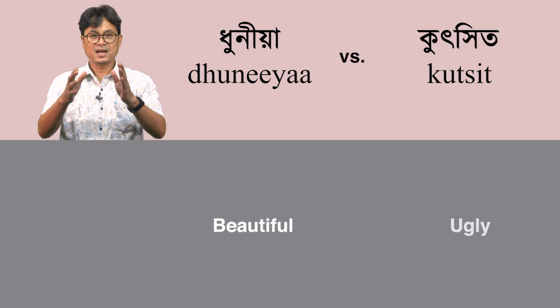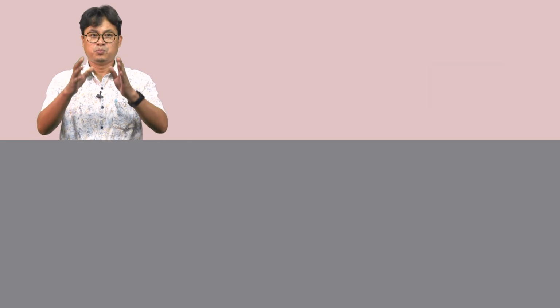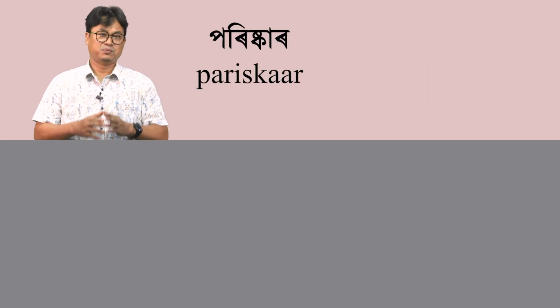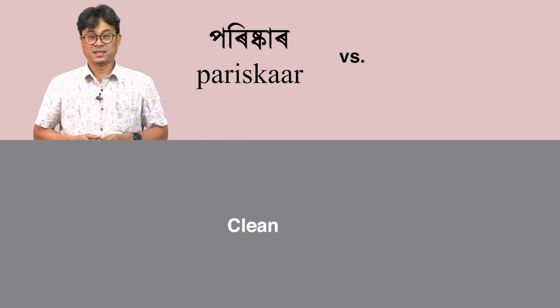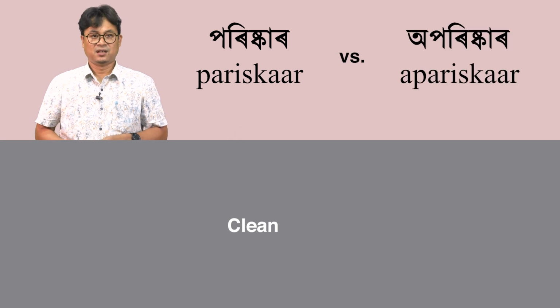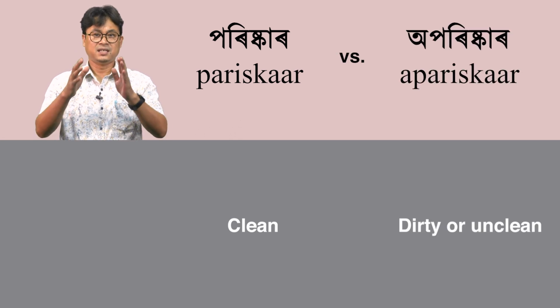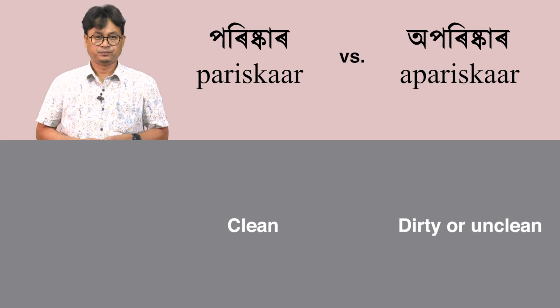Kutsit means ugly. And poriskar means clean versus oporiskar. Oporiskar means dirty or unclean. Such adjective antonyms are widely used in both spoken and written Assamese.